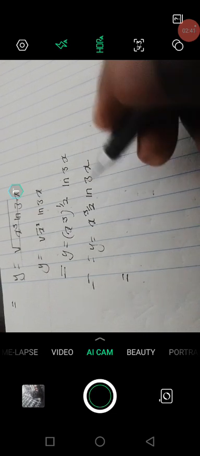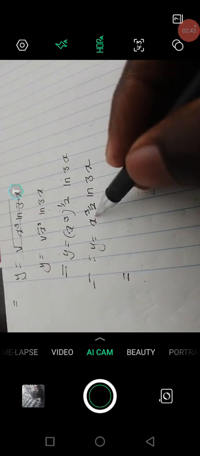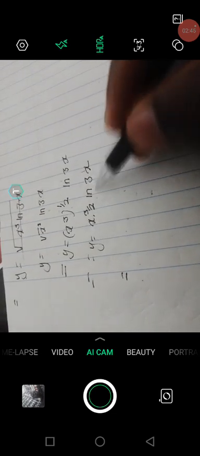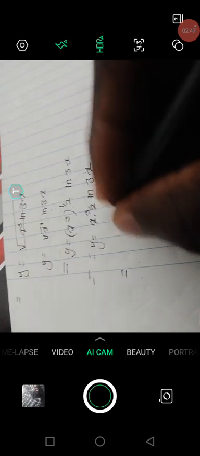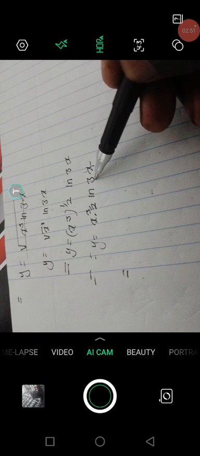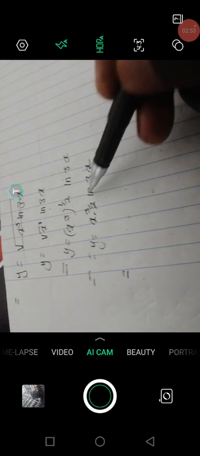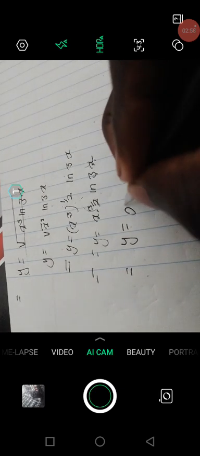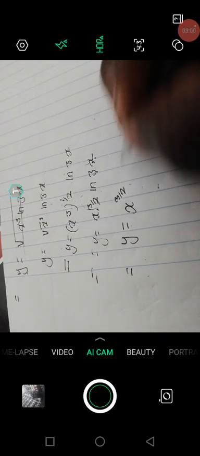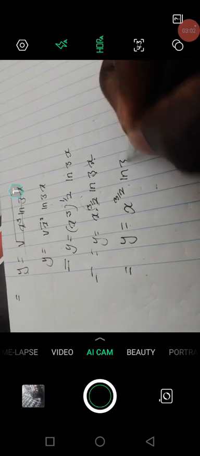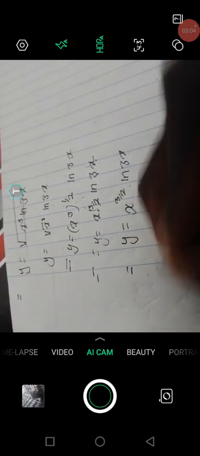So I go ahead. I'm going to have my u values and my v values. My u value is this first part, my v value is this second part. Why is it a product? Because if you multiply this by this one, there's a multiplication here. This is a power, this is a power. So it is x to the power 3 over 2, then ln of 3x.